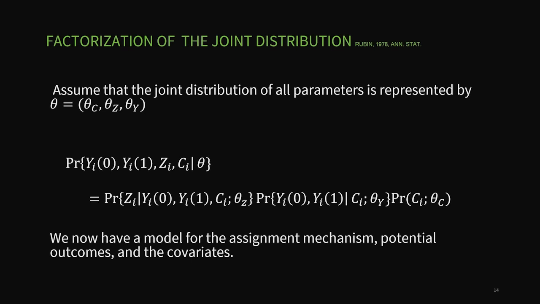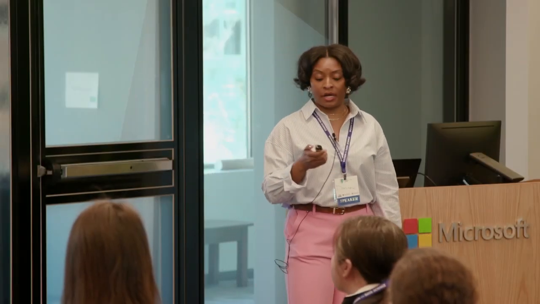So what you're left with is the probability of Z given C. And then we have our potential outcomes, the probability of our outcomes given C, our confounder. And then we have our covariates, which is just C itself, the probability of C. And if we're thinking through that DAG structure and how we wrote out those distributions, this makes sense. It seems to align.